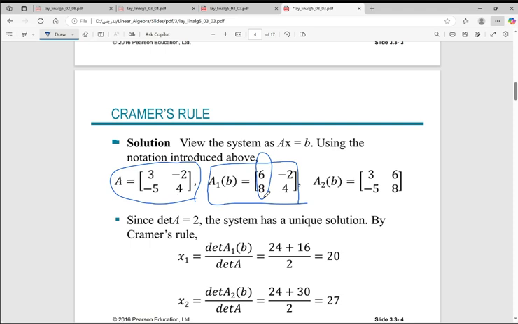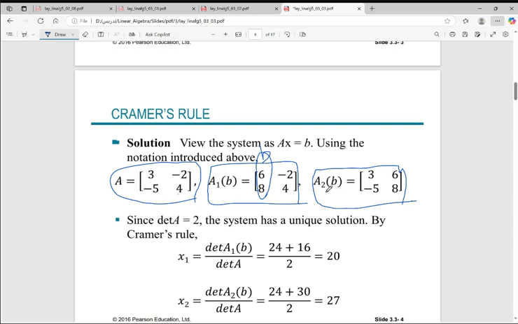This is B, and the first column is replaced by B. The second column is the same as the second column of A, right? Is it clear? Yes, doctor. Okay. So what is A2B?